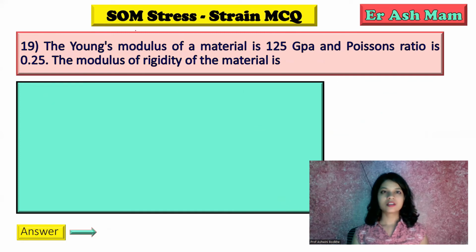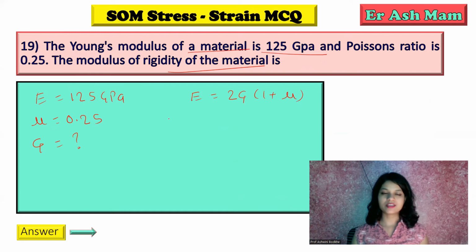Next, the Young's modulus of a material is 125 GPa. Young's modulus E equals 125 GPa and Poisson's ratio mu equals 0.25. We have to find the modulus of rigidity of the material, denoted by symbol G. We know that E equals 2G into (1 plus mu). E is given as 125, G is unknown, and 1 plus mu is 1.25.